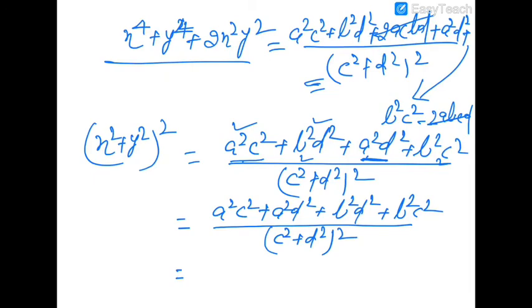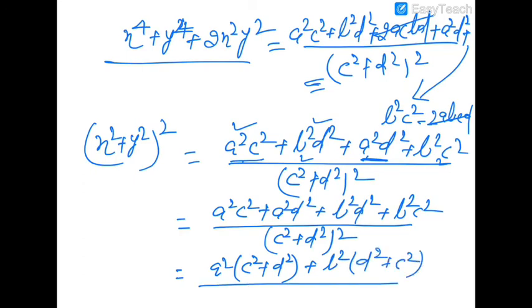Now out of these two, A² is common: A²(C² + D²), plus out of these two, B² is common, what is left is (D² + C²), whole upon (C² + D²)². Fine.